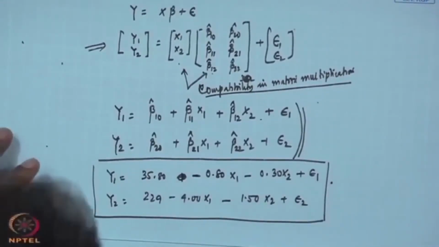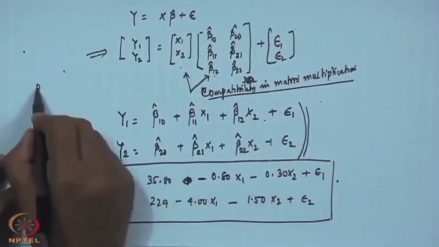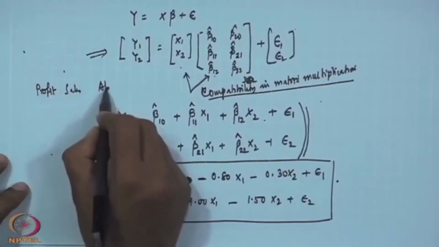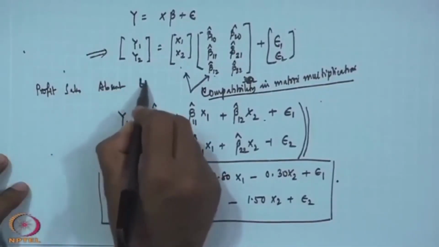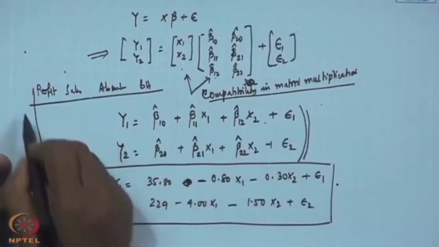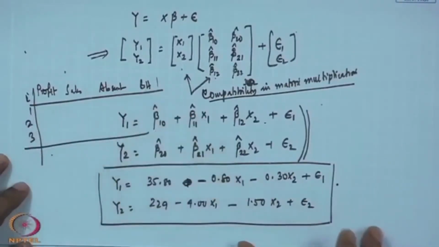This is the example data. Actually what I have done, I have taken profit, sales, then absenteeism and breakdown hours from the statistical data, and we have taken only the first 3 observations 1, 2, 3 just to go for computation, because you will be applying software. So you require more data points, not 3 data points.